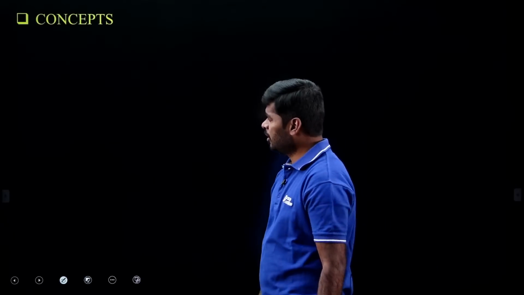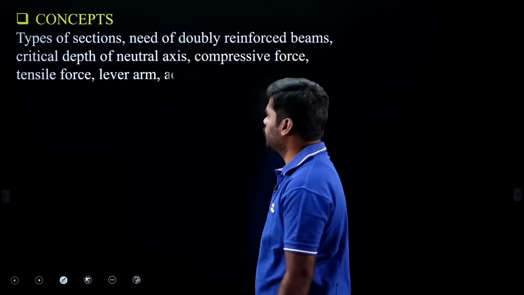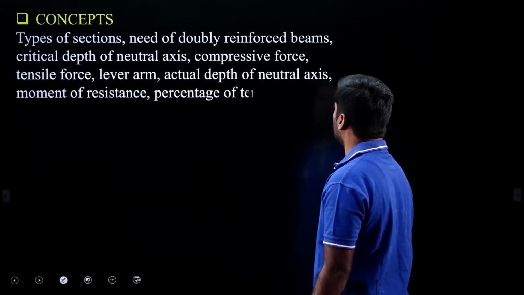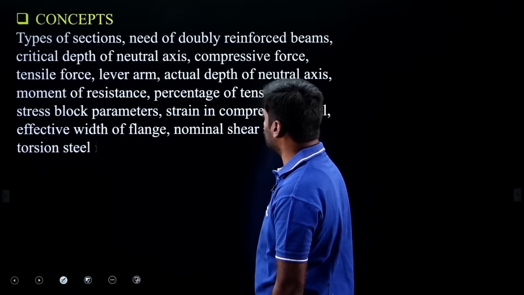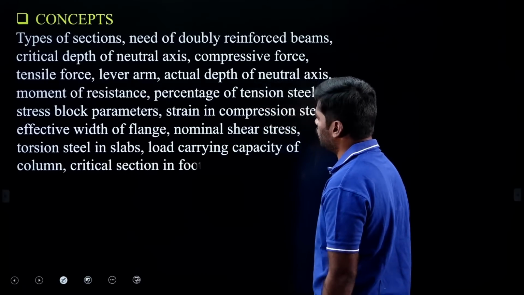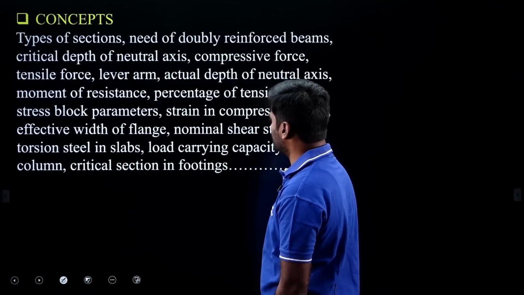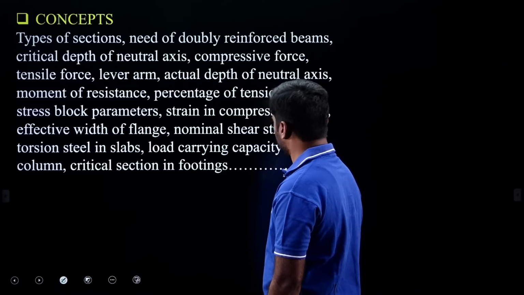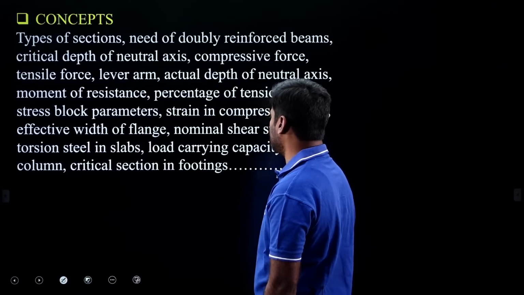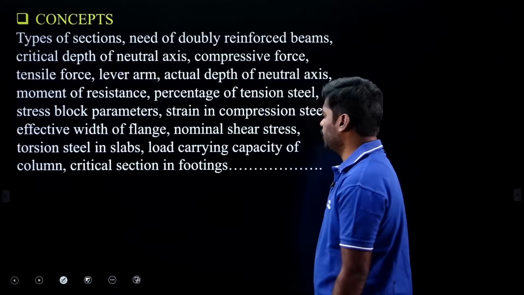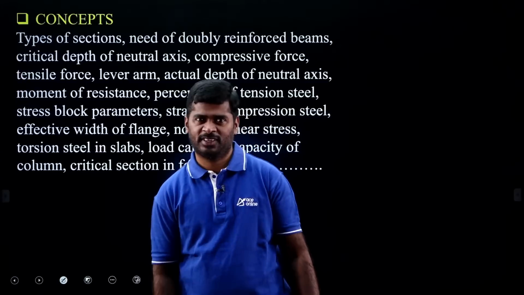Next one, concepts like types of sections, balanced section, under reinforced section, then over reinforced section, right? Then need of doubly reinforced beams, critical depth of neutral axis, compressive force, tensile force, lever arm, actual depth of neutral axis, moment of resistance, percentage of tension steel, stress block parameters, strain in compression steel, effective width of flange, nominal shear stress, tension steel in slabs, and load carrying capacity of column, critical section in footings, etc. Right?